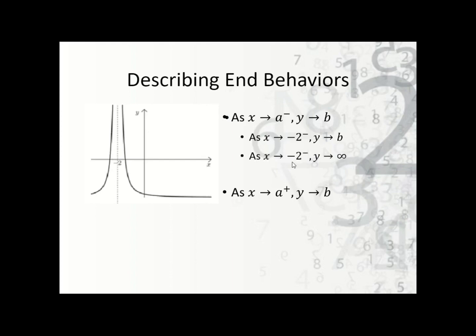So as x approaches negative 2 from the left side, y is approaching infinity. Now, if we look at as x approaches negative 2 from the positive side, so from the right side, so as we get closer to negative 2, what is happening with the graph? Well, we can see it's going up and up and up, so y is also approaching infinity. This is how we can describe end behaviors.